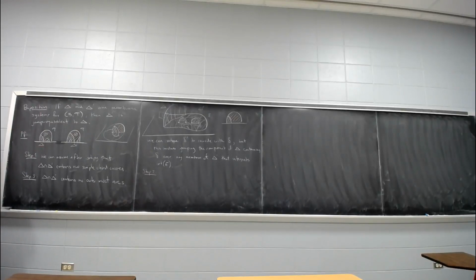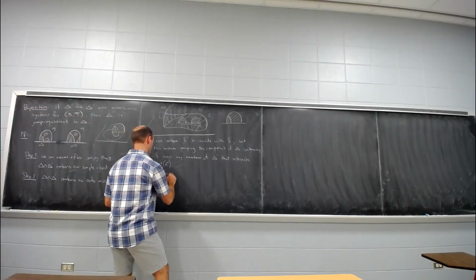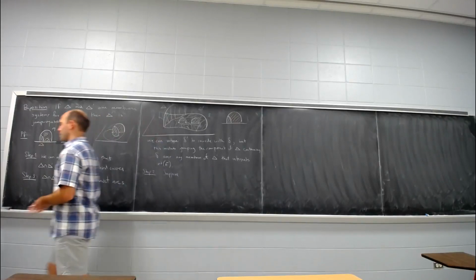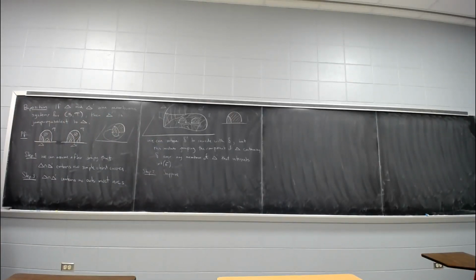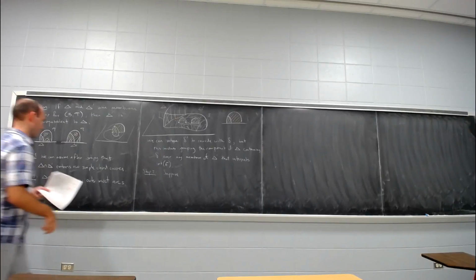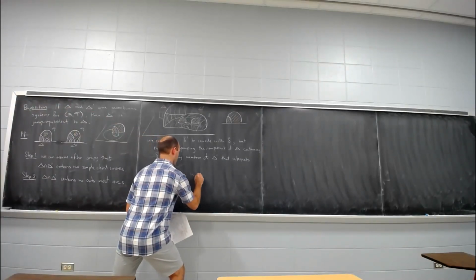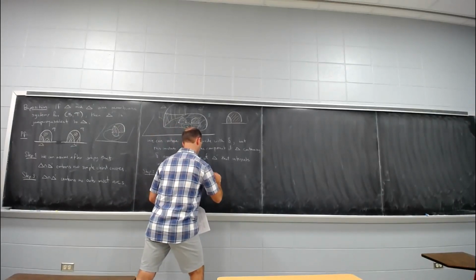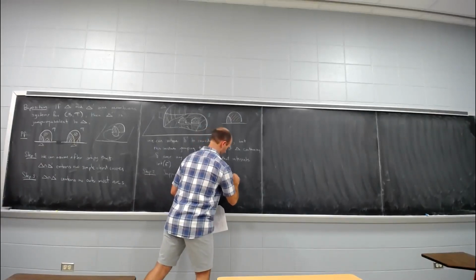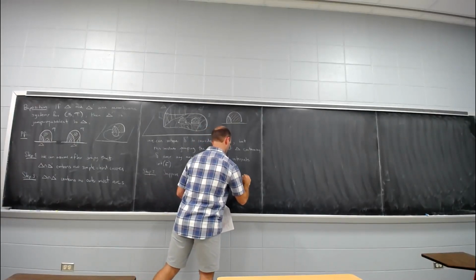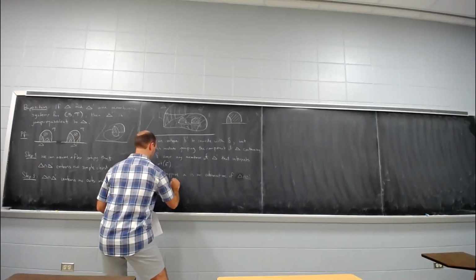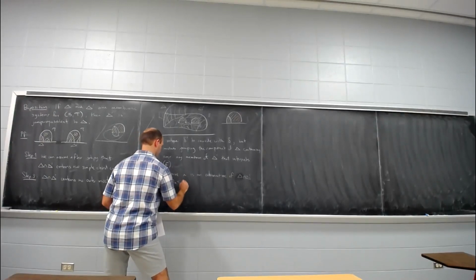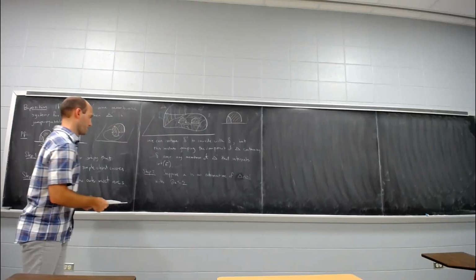So step 2 is to suppose, I don't remember what I was calling things, I suppose A is an outermost arc of the intersection delta intersect delta prime, with the boundary of A contained squarely in the bridge sphere sigma.